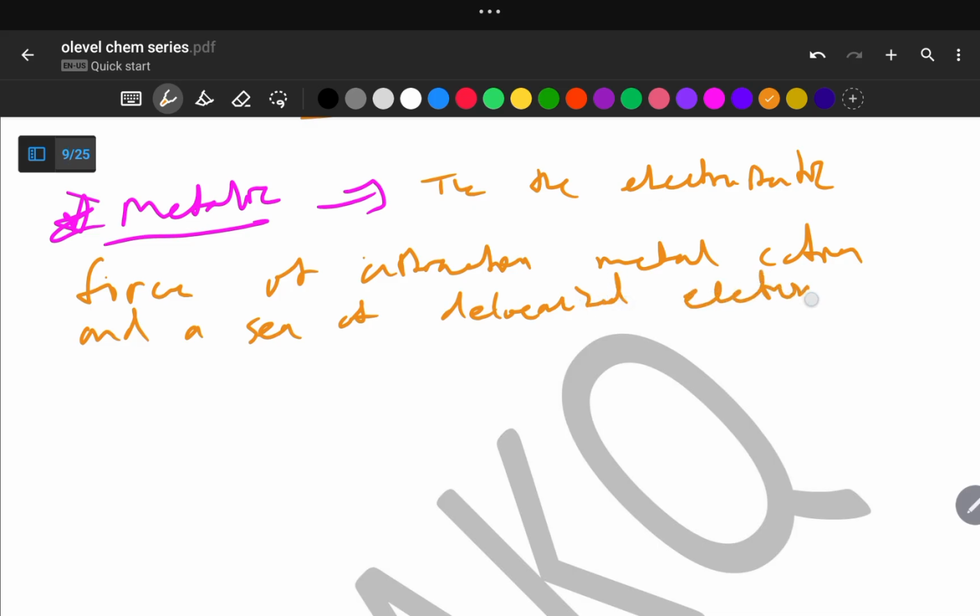Are we together? So this is the definition for the metallic bond, right? So you must understand that we are having a sea of delocalized electrons in the metal cations.